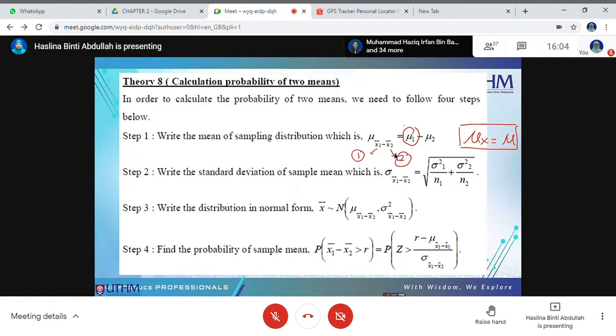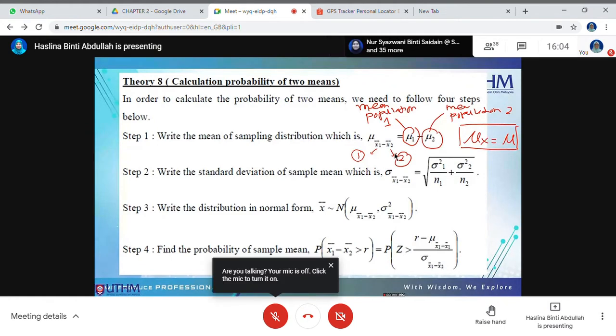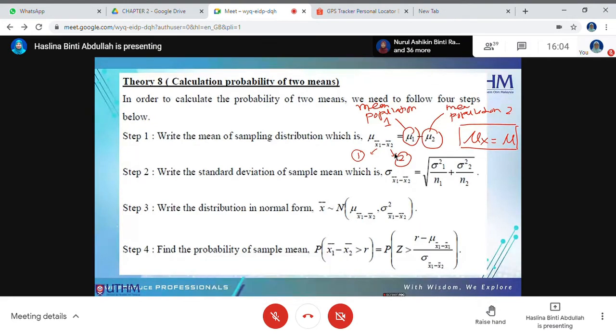Mu 1 refers to the mean from population 1, and mu 2 refers to the mean from population 2. Let's say the mean for population 1 is equal to 4 and the mean for population 2 is equal to 2. So 4 minus 2 is equal to 2. So that's step 1.